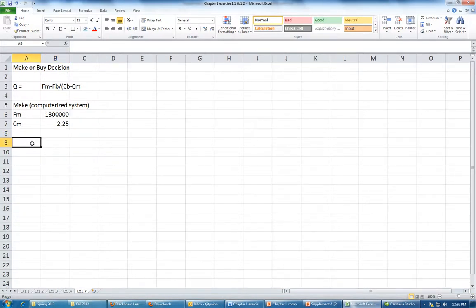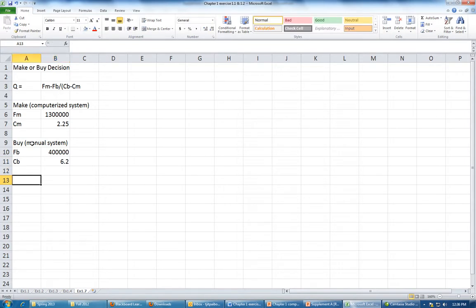Okay, when you buy, in this case, you use a manual system. FB will be 200,000 and CB will be $6.2.